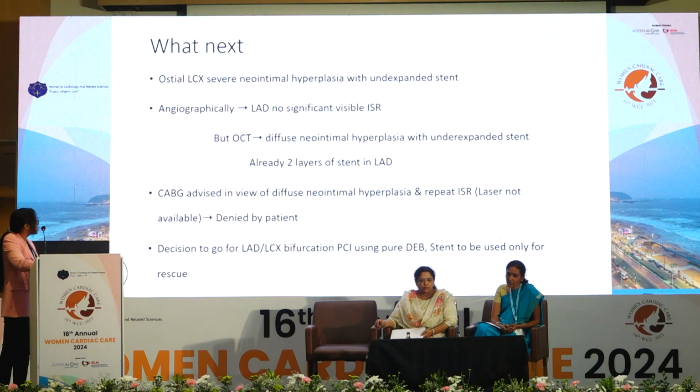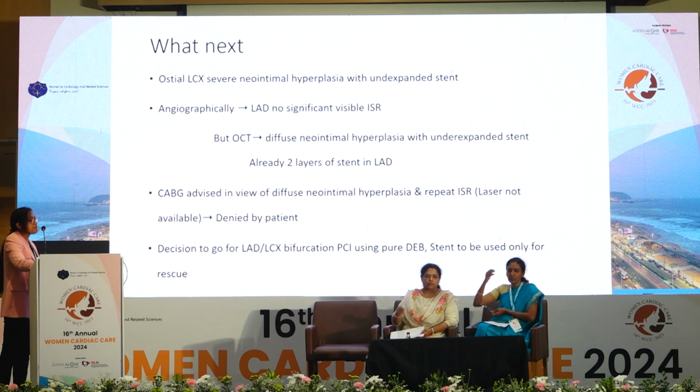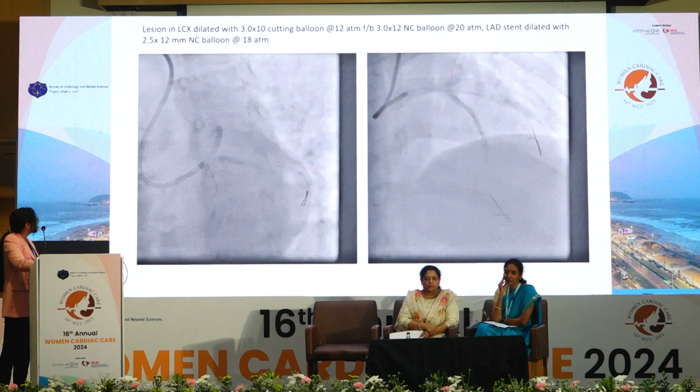After this OCT run, we again counseled the patient for CABG, because there was severe neointimal hyperplasia in LCX with an underexpanded stent, and LAD had 2 layers of stent, but the patient decided to go for angioplasty. So we thought we would do the angioplasty of the LAD LCX bifurcation using DEB, as there are again chances of in-stent restenosis in this case.